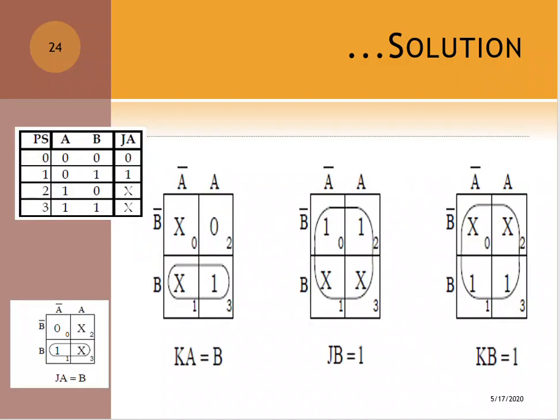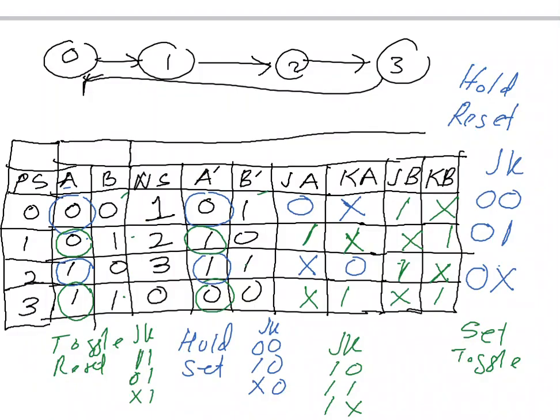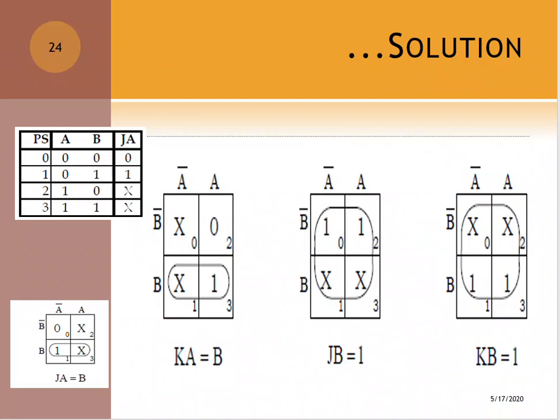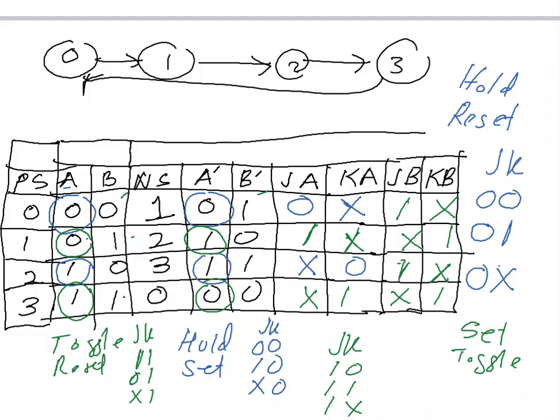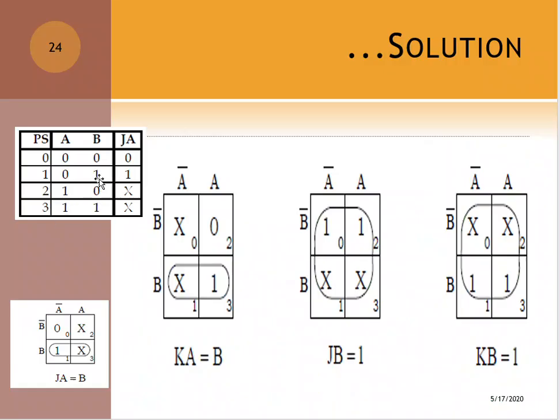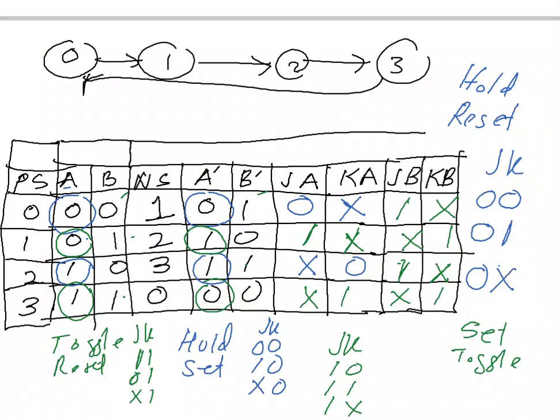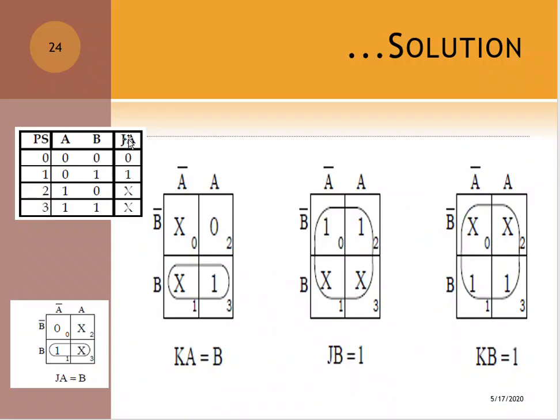Okay, so from the excitation table, we have the excitation table for JA, the same thing that we have done here for JA only. So we draw for JA. Recall the Karnaugh map method that we learned previously.